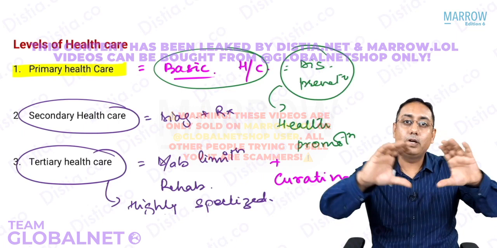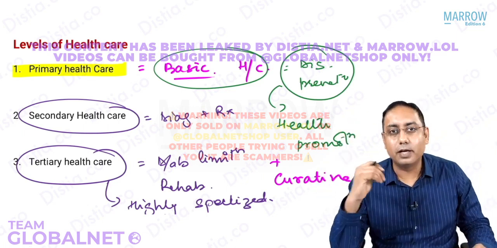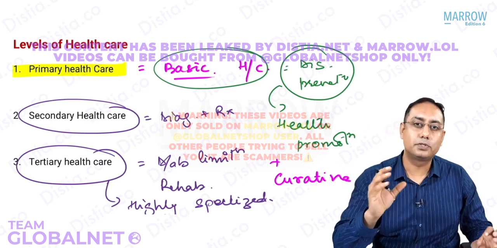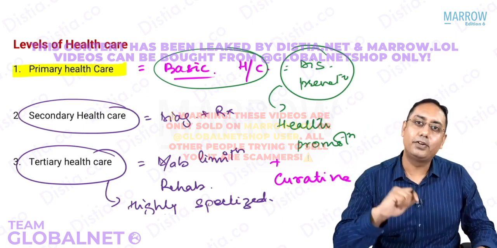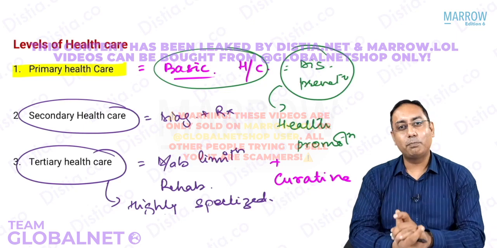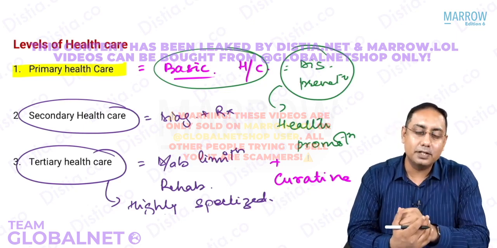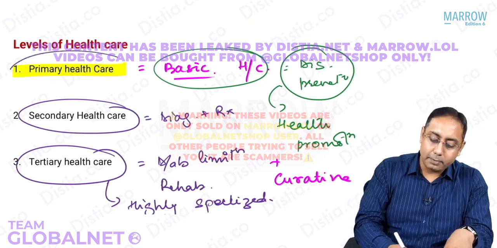So we have some big AIIMS-like institutes, which are the tertiary care hospitals. Then we'll have some of the good quality nursing homes or some smaller hospitals. These are the secondary level hospitals. And then you have the polyclinics, or you have the primary healthcare centers, you have the sub centers. These will provide the primary healthcare.